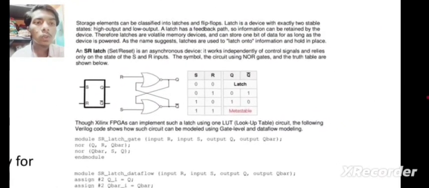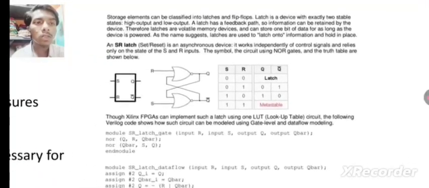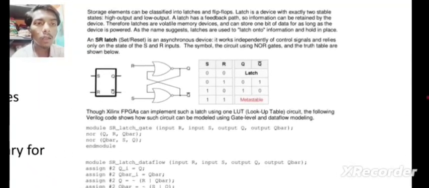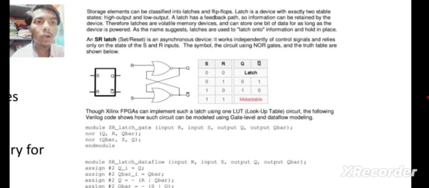So in this truth table, the S, R, Q and Q bar. If you give the inputs as 0 0, the Q and Q bar are latched. If you give 0 1, the Q value is 0 and Q bar is 1.